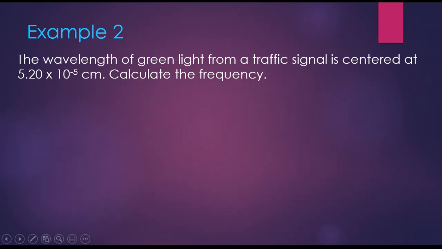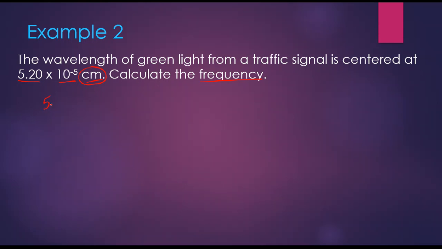Now looking at this particular example, very similar to the one that we just did, because we're going to calculate frequency again. But in this case, we're looking at the wavelength of a green light from a traffic signal centered at 5.2 times 10 to the minus 5 centimeters. So this one's in centimeters rather than in nanometers. So really the only thing different here is making sure that you convert it over to meters before you begin.